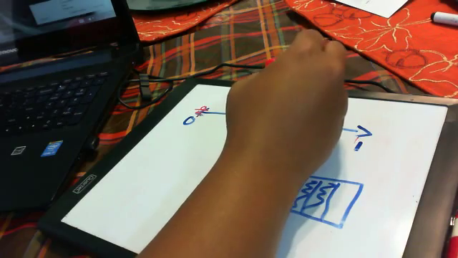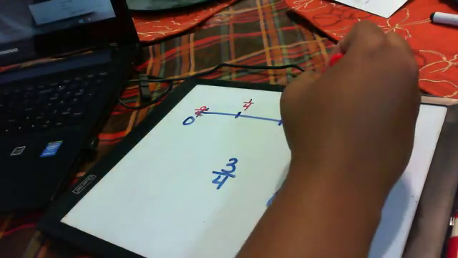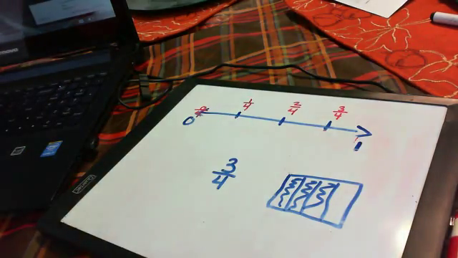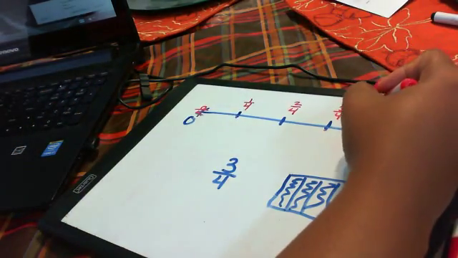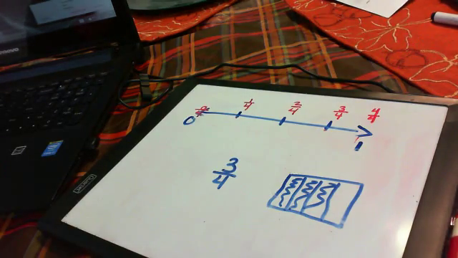We're going to come here and write 2/4. Our last one is 3/4, but we still have 4 equal parts, and we've only labeled 1, 2, and 3. And our 4/4 would be right here. And if you notice, that's the same thing as the number 1.